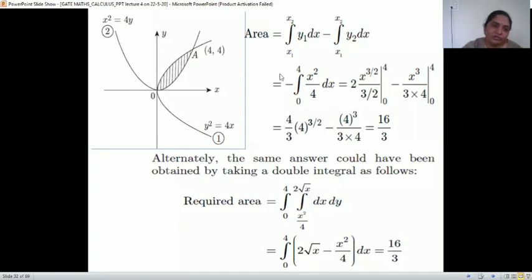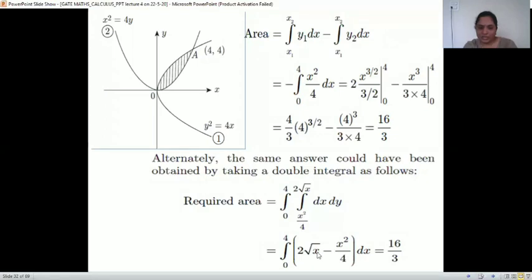And if we move the strip in this region, the lower end is here where x is equal to 0 and the upper end is here where x is equal to 4. So it is 0 to 4, with respect to y first and with respect to x later. Integrating with respect to y, we get y with these limits, so 2 root x minus x square by 4, and with respect to x later.